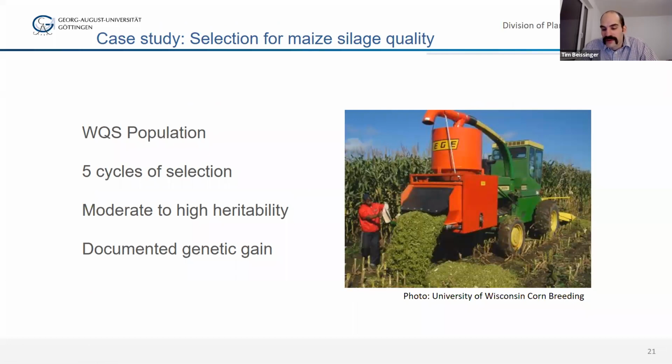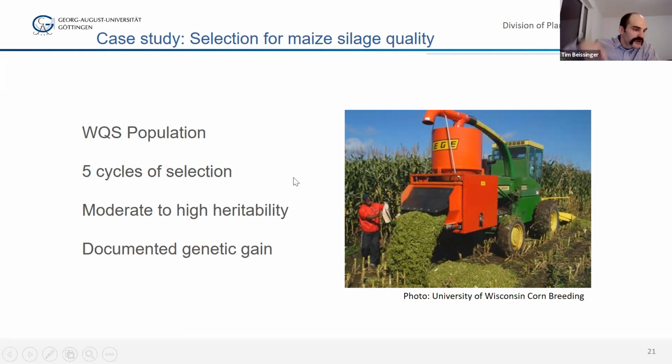So to study the impact of polygenic selection on maize evolution, I want to talk about a case study of a breeding population that was selected for maize silage quality. And this is actually data from a population I was tangentially involved in during my PhD at Wisconsin.